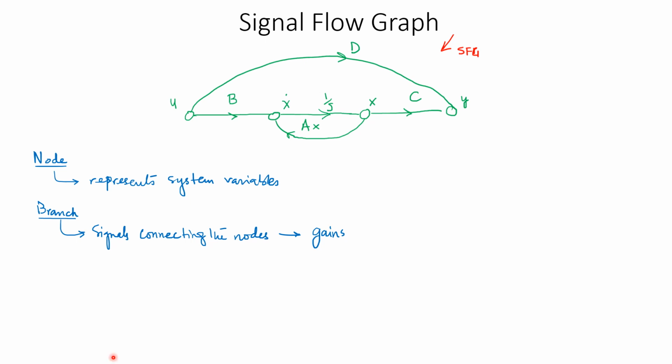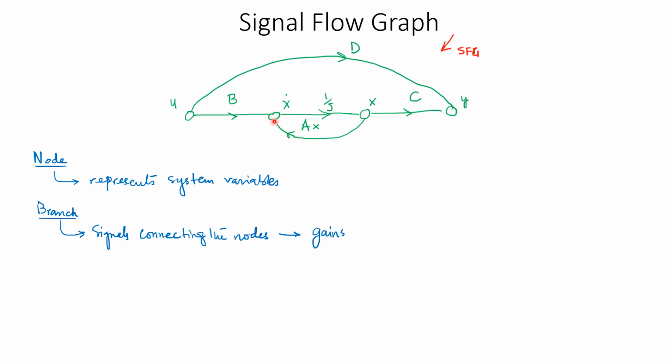So for example, in this particular case, you can see that this branch from U all the way to X dot is connected over here, but it is also associated with a gain B, which acts as a multiplier to U. So X dot is going to have an influence coming in from U, but after getting multiplied with this gain B. So you are going to have BU added as an influence to this node X dot.